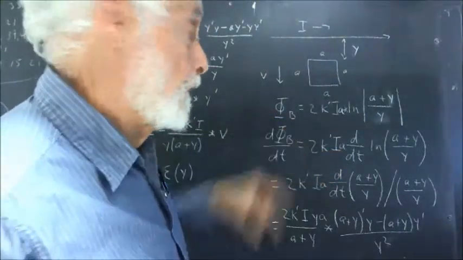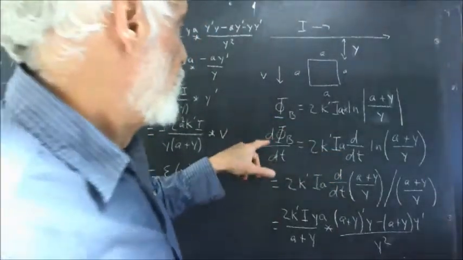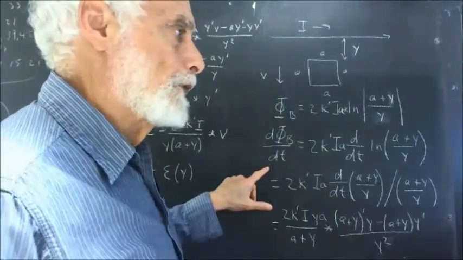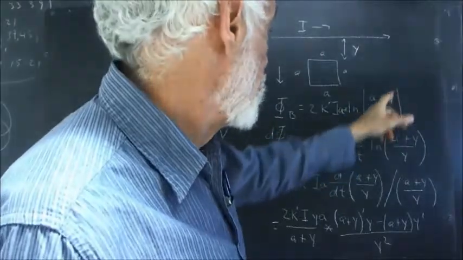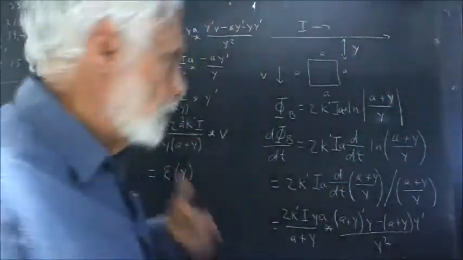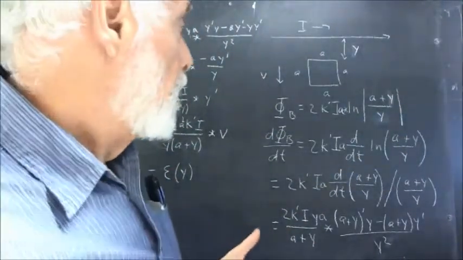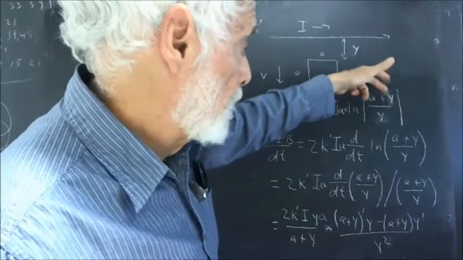But there's our flux. So, what's the derivative of our flux with respect to time? Well, the only thing that's variable here is y. Y is changing. So when we do the time derivative of this, the only thing that's not constant is y.